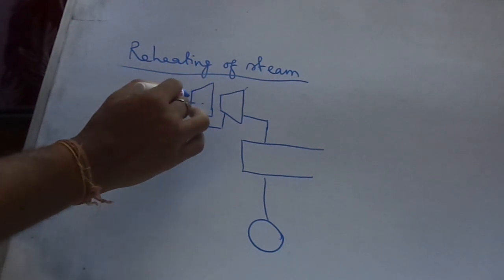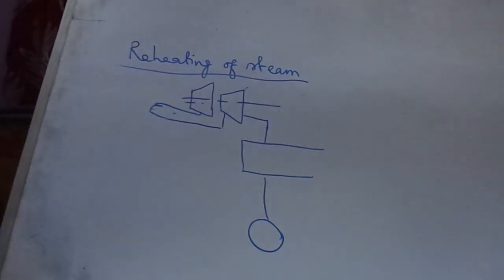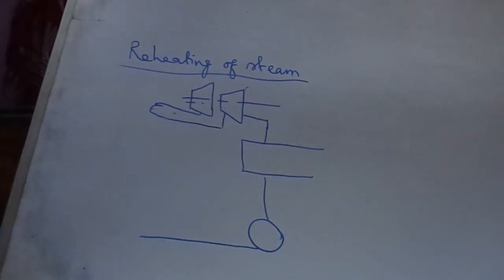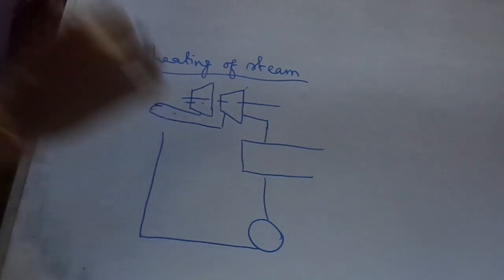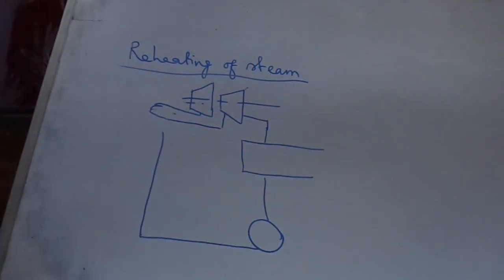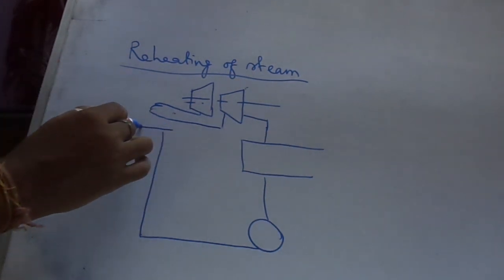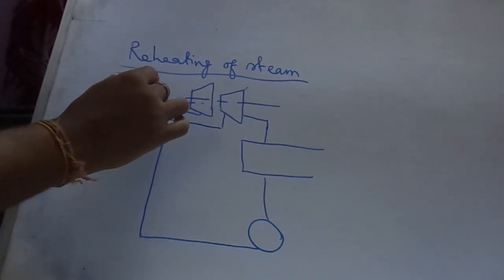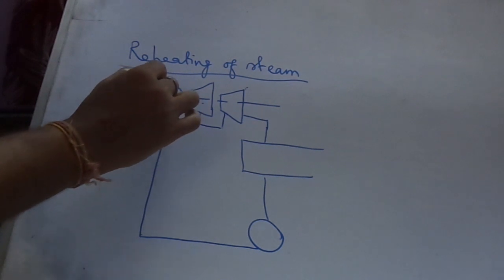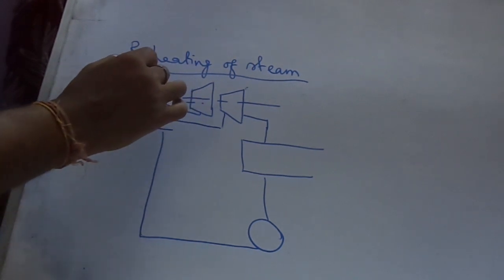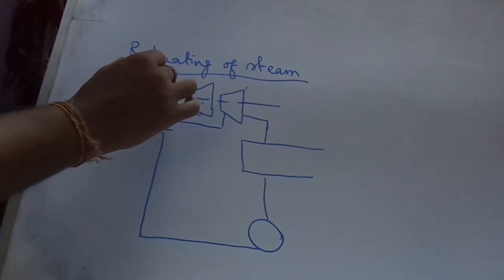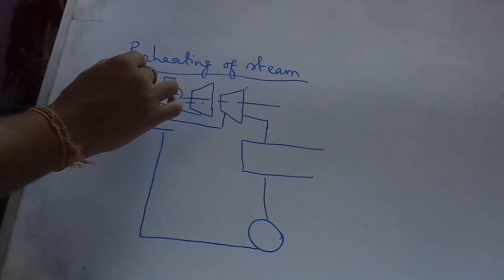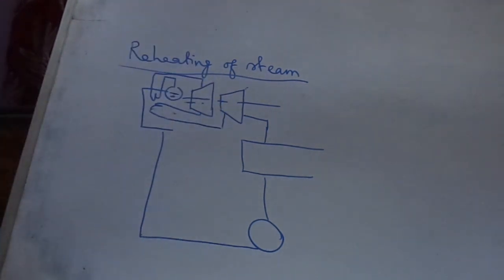Another line goes to the boiler, that is the position of the boiler, and then it enters the turbine. This is the reheat cycle.